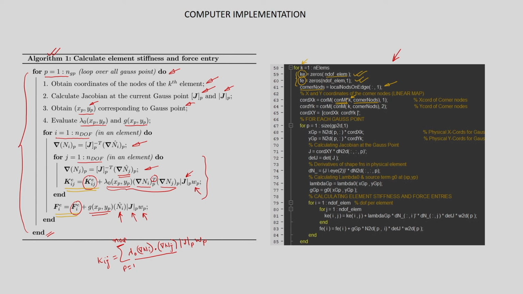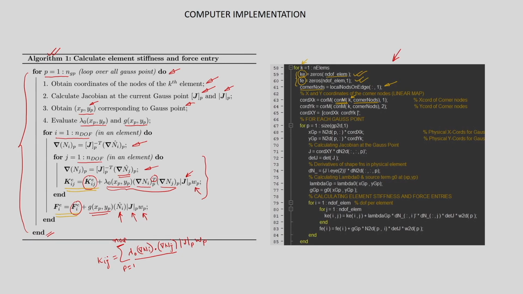Here we are calculating the corresponding global number that is stored in the connectivity matrix. If you remember, the kth row of the connectivity matrix stores the global node numbers for element K corresponding to the local numbers 1, 2, 3, 4. First we get the global node number, and from there we use the coordinate matrix to calculate the coordinates. The coordinate matrix first column gives us the x coordinate, and the second column gives us the y coordinate.